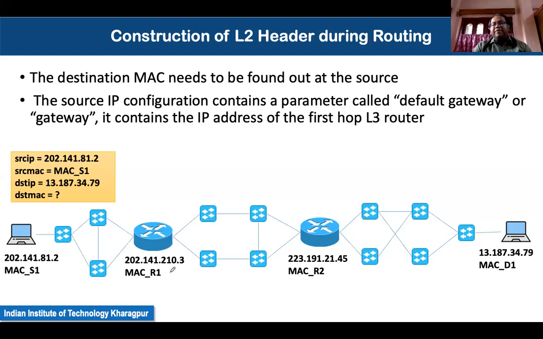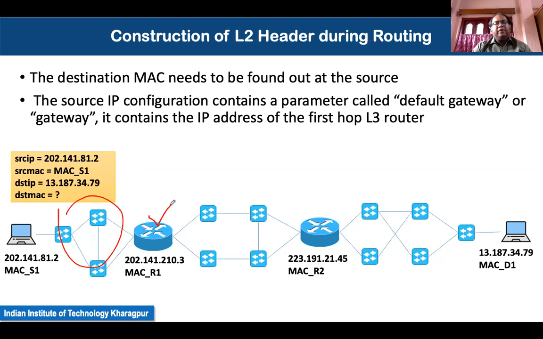It contains the IP address of the first hop L3 router. For example, whenever you are connected to the internet, you are ideally connected to an L2 switch. Your machine is connected to an L2 switch, and after a set of L2 switch connectivity, there would be an L3 router, which is the gateway of your network. Through this L3 router, you are connected with the internet.